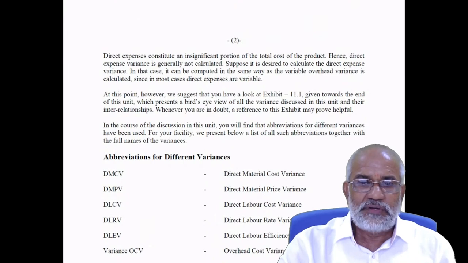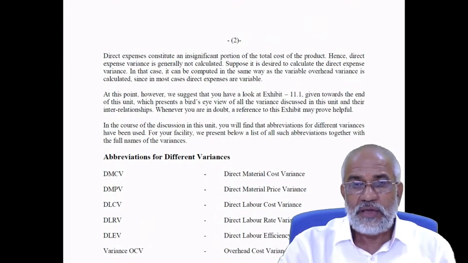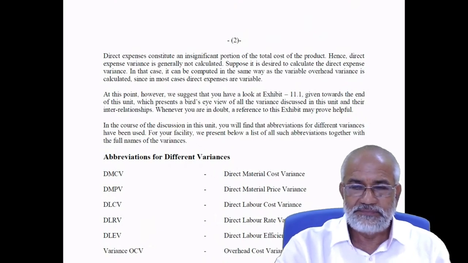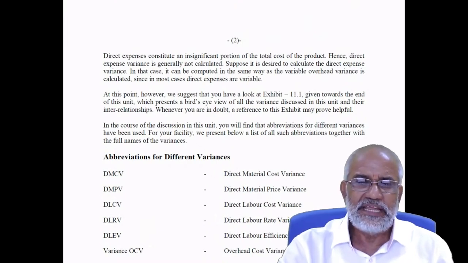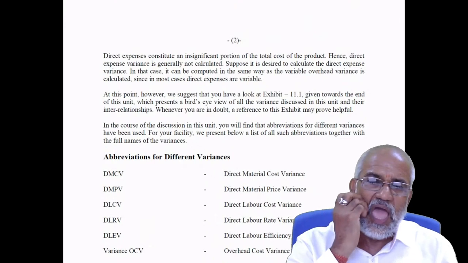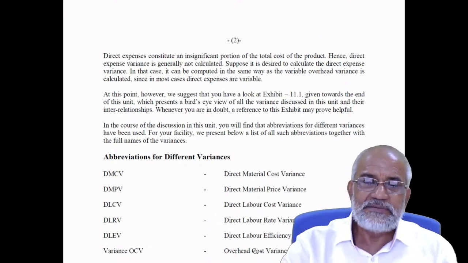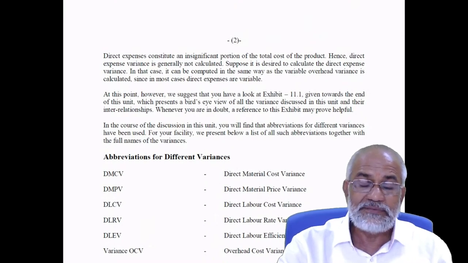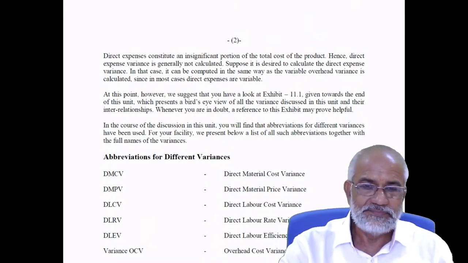At this point, however, we suggest that you should have a look at exhibit 11.1 given towards the end of the unit, which presents a detailed discussion on the variance and the interrelationship of variance, which will be clear from the illustrations given.